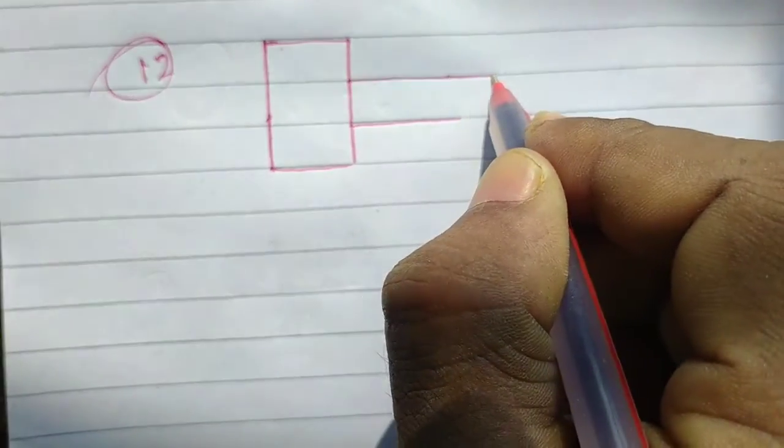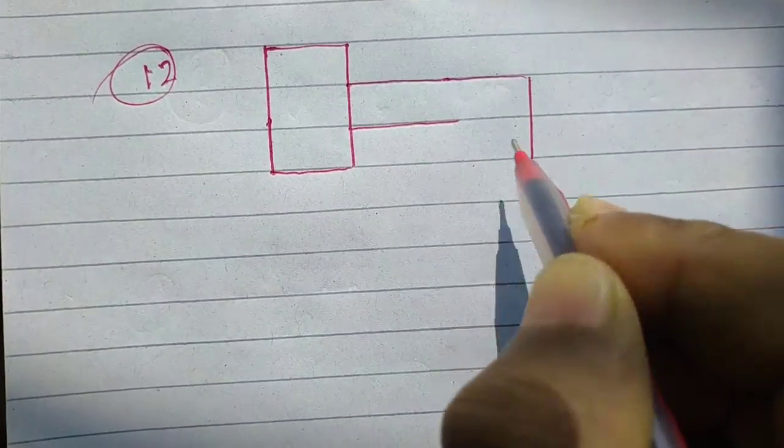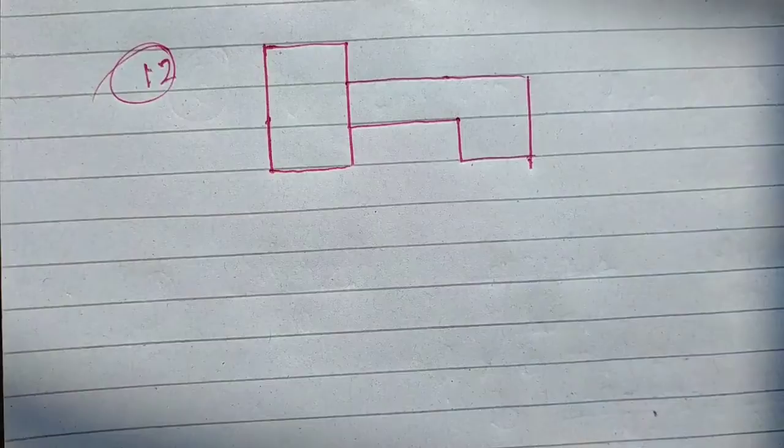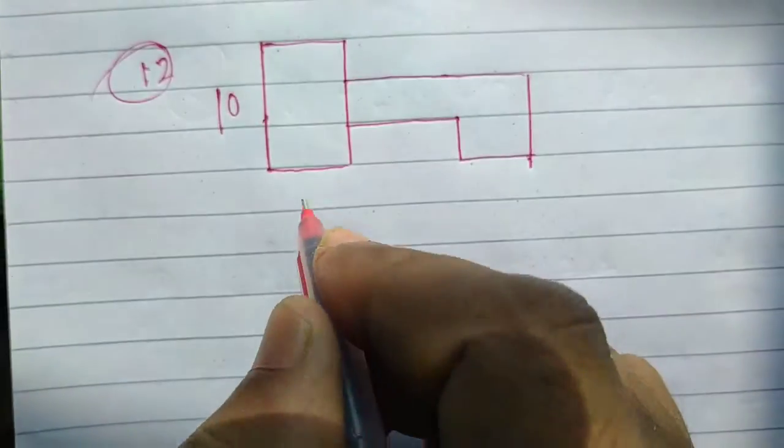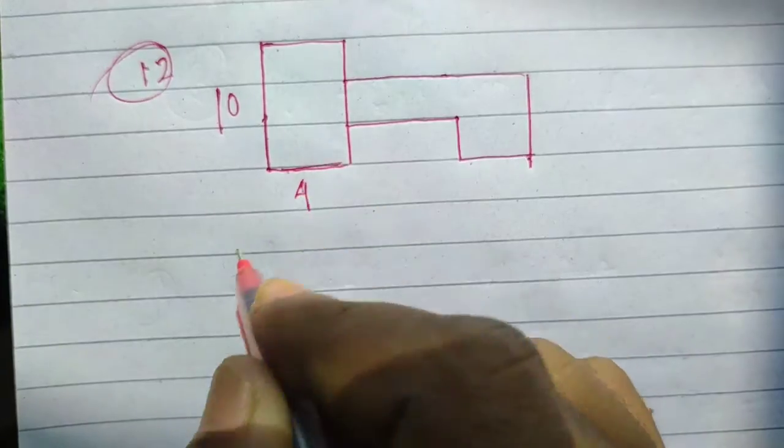Now try to find the area of a shape picture. Here is given one shape. Here one figure, next this and next this. Here is given this is 10 centimeter. This length is 4 centimeter.